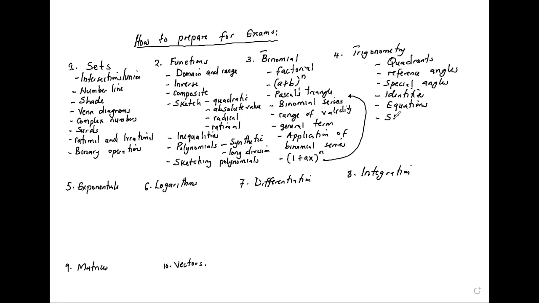And then sketch. Sketch sine, sketch cos, the most important part. Don't waste much time on sec, cosec, but just have a view. It's not much. Just the quadrants, reference angles, special angles, identities, equations.